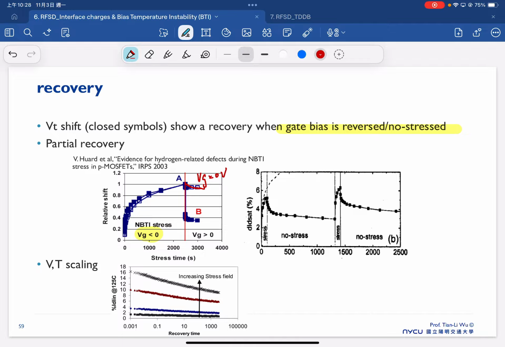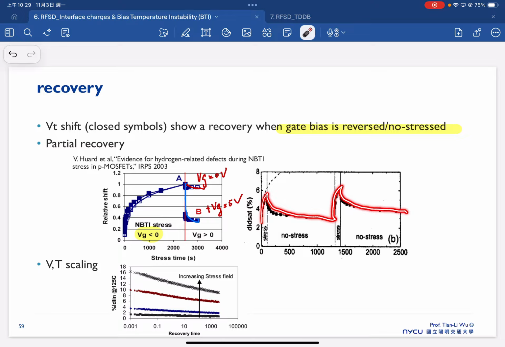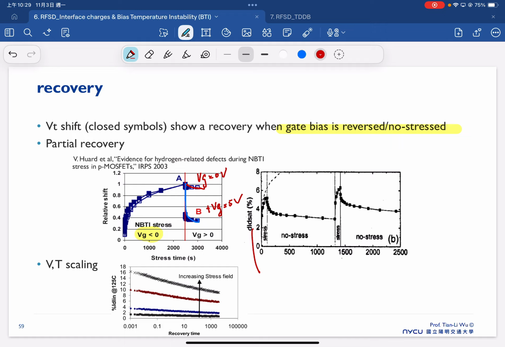Of course, if we give a more negative gate bias, or for NBTI a reverse gate voltage that is probably positive, then we could see an obvious recovery. This is another example: stress, no stress, stress, no stress. In the end, that causes not only a threshold voltage shift, but also ID set degradation.